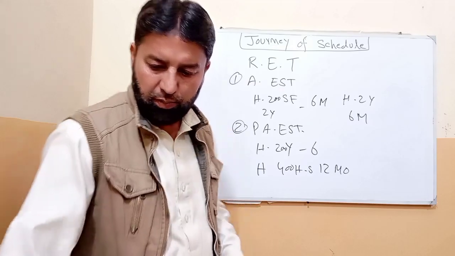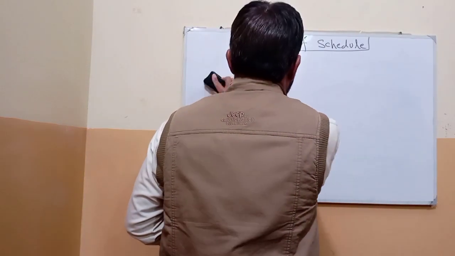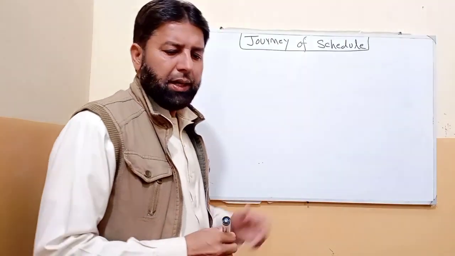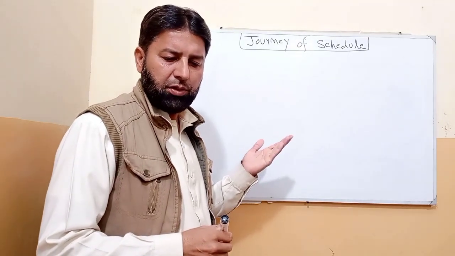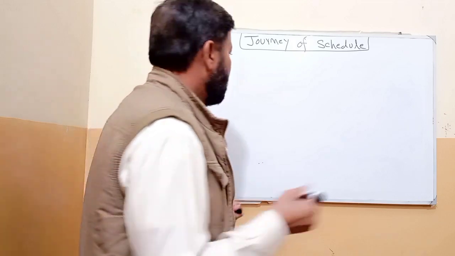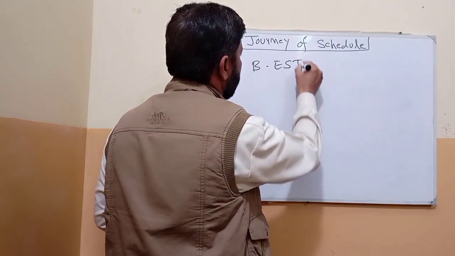Then we will go for bottom up estimation. Analogous is also called top down estimation, and bottom up goes from bottom to top.